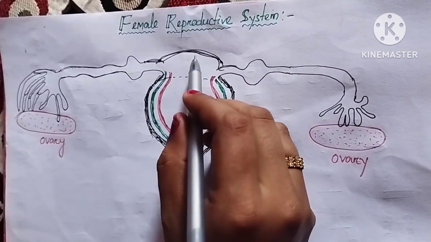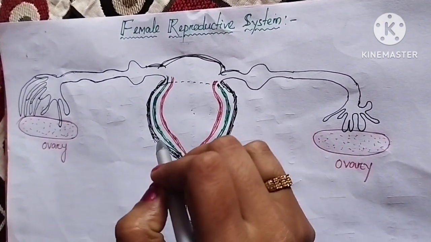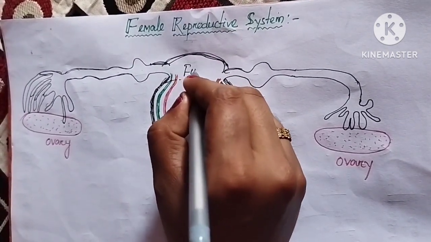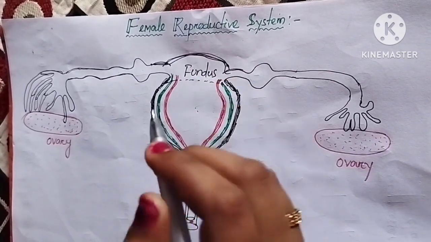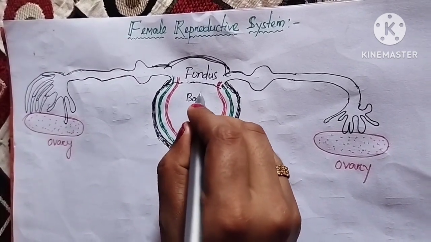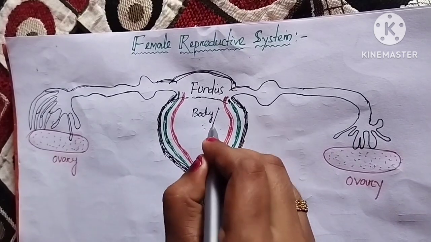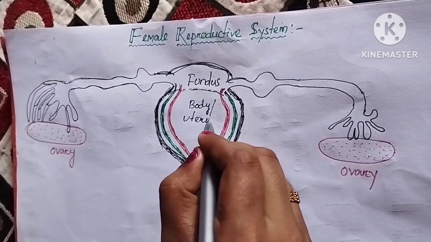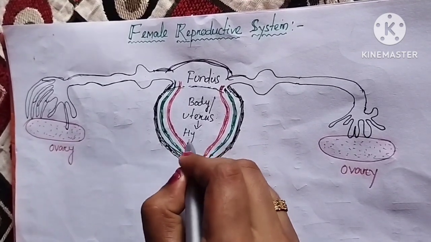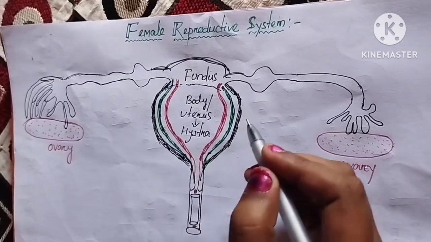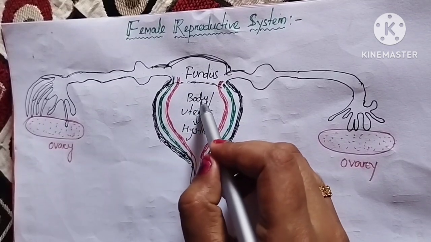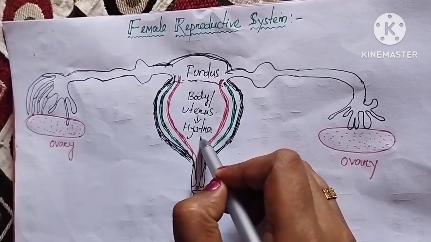Then this part is the uterus. The uterus is divided into two parts: the fundus, and the body of the uterus, otherwise called hysteria.